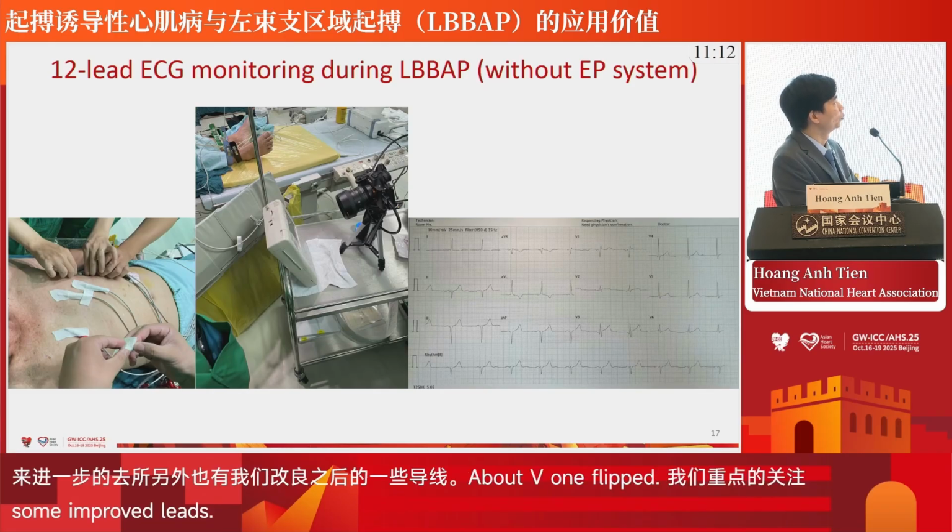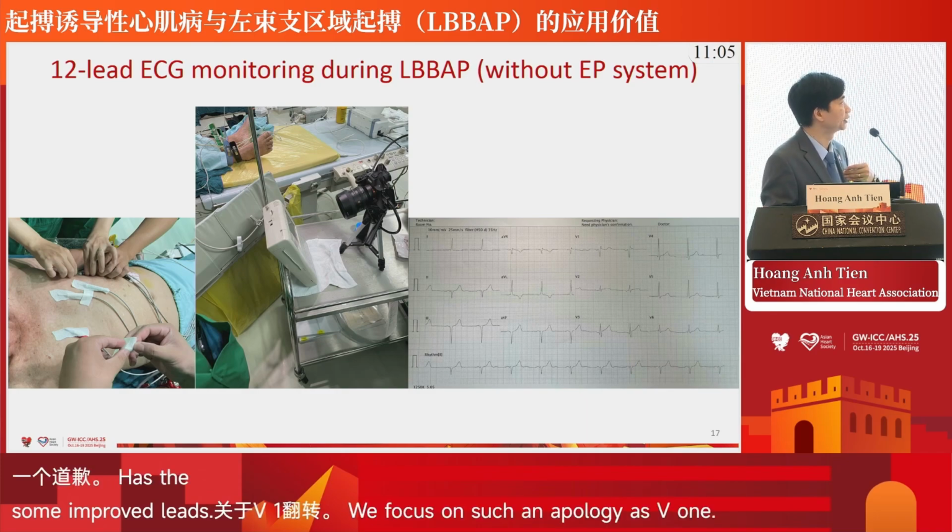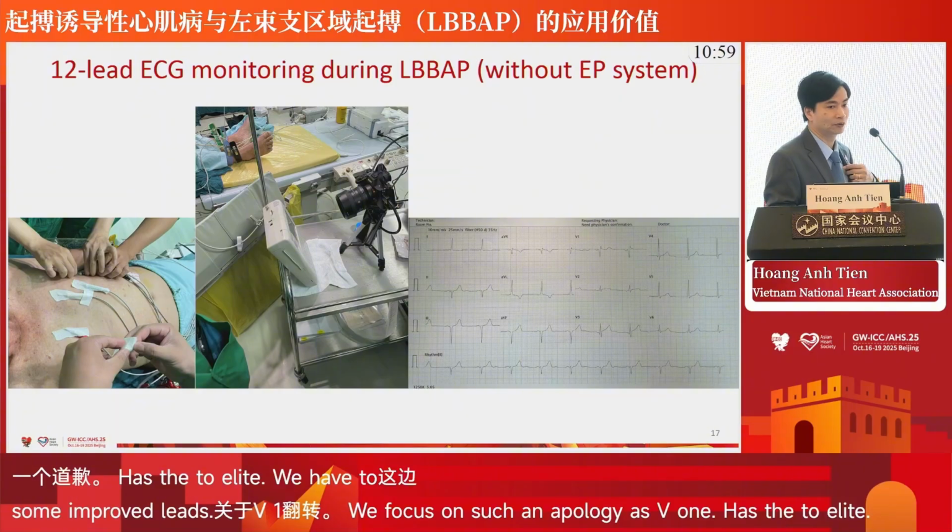We can use a hasty attach to the lead, or some hasty stick, to stabilize the lead.